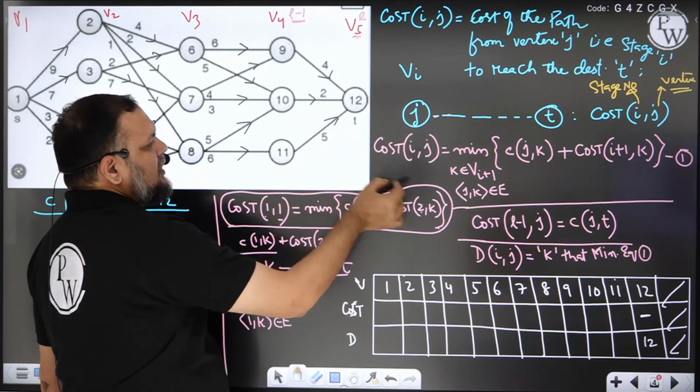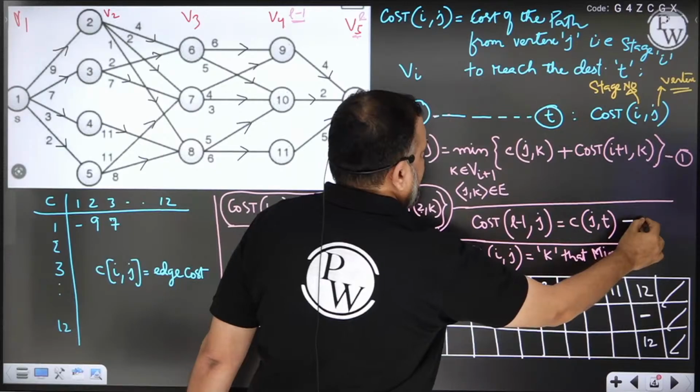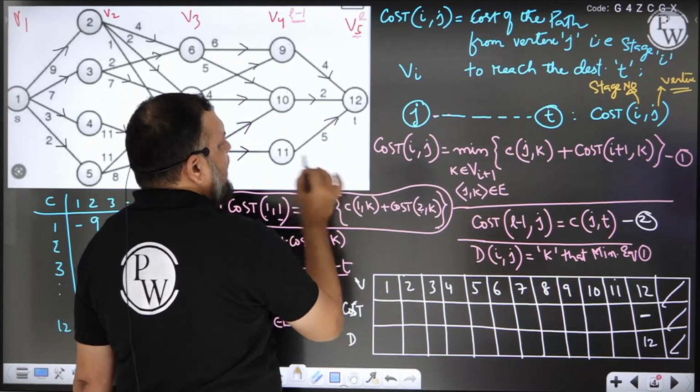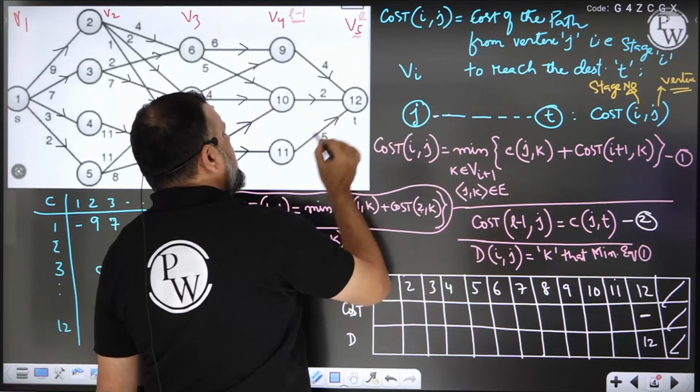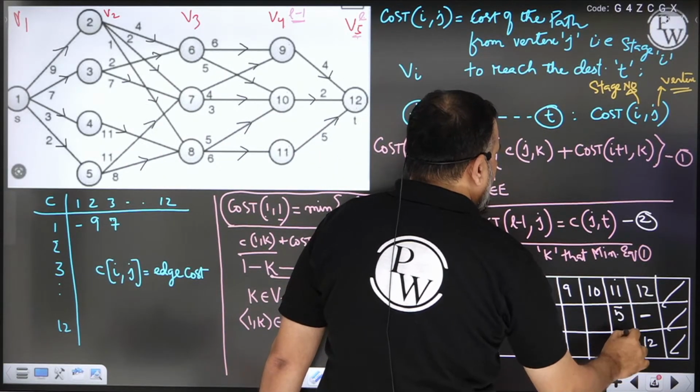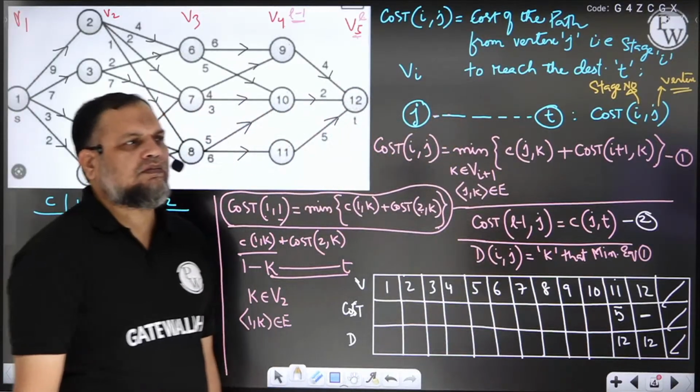There is a direct edge, so that belongs to equation 2. Cost of L minus 1 comma j, j is 11, is equal to C of j comma t. What is the edge cost? 5. So I can put 5, via direct link 12.